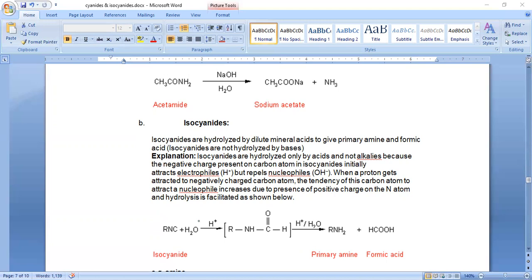Bluntly, we can remember one thing: the bond always shifts towards the higher electronegativity. Here we have carbon and nitrogen, and at the same time this carbon has a vacant orbital, so that's why the water molecule first attacks carbon, and then this bond shifts onto nitrogen.